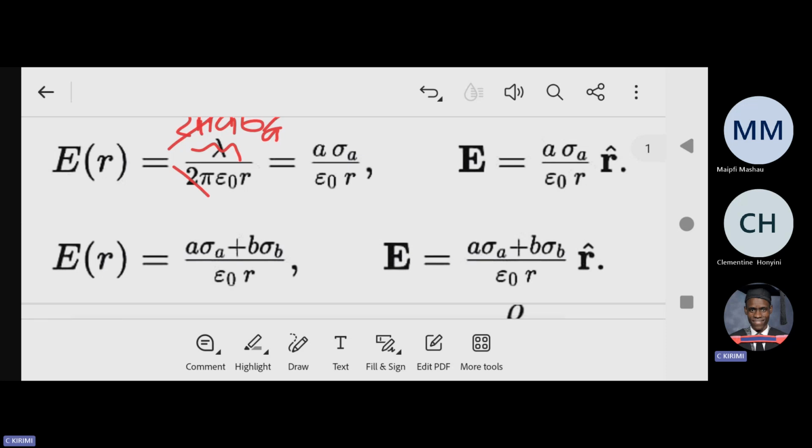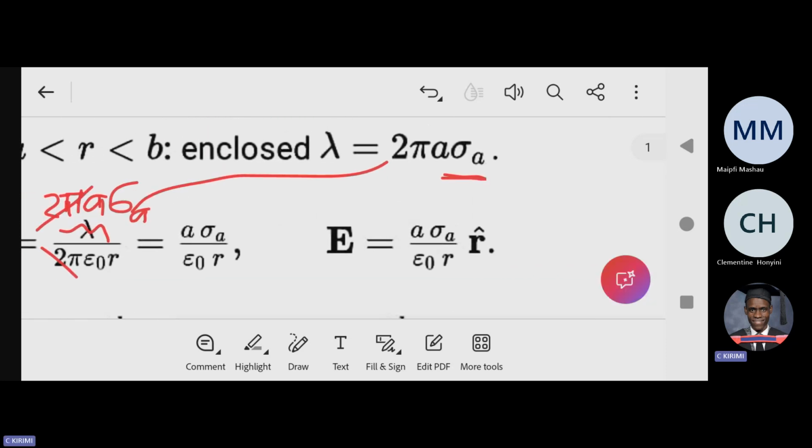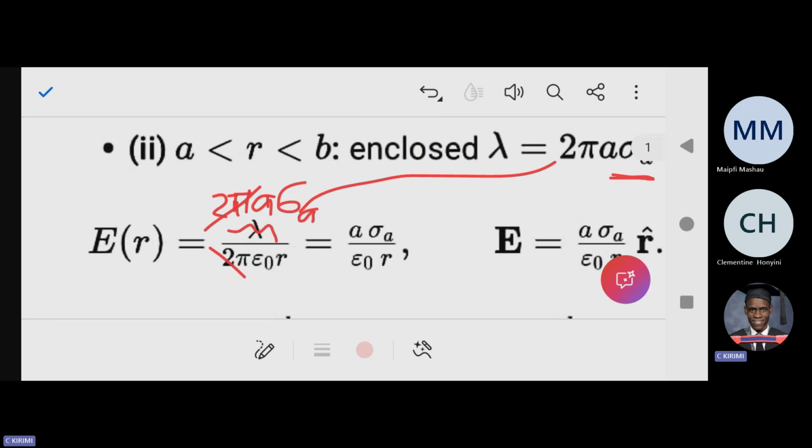That R is representing the unit vector R, which is the direction divided by the magnitude. So in our case, you find the E_R, which is a scalar quantity. Why is it a scalar? Because this will give you a number. If you substitute all the values, they are going to give you a number.